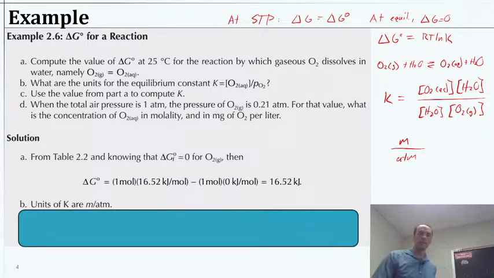Okay, so then C says use the value to compute K. So essentially we can take a look back at our relationship. We know R and T, and natural log of K should then give us the delta G naught.